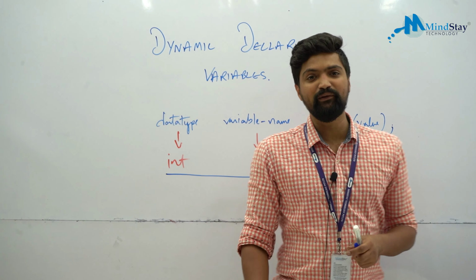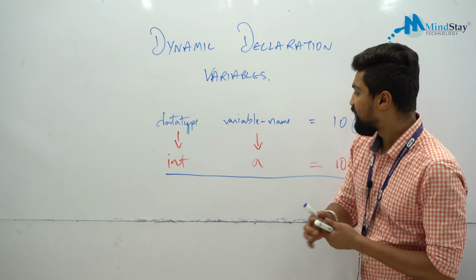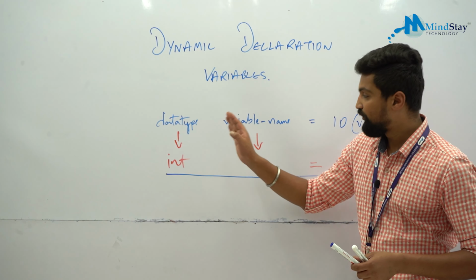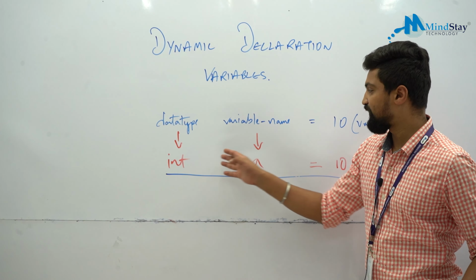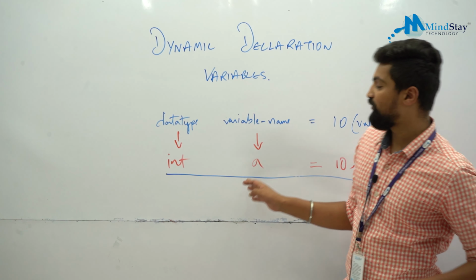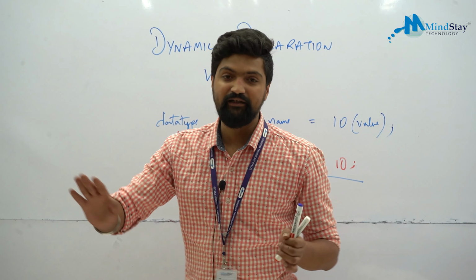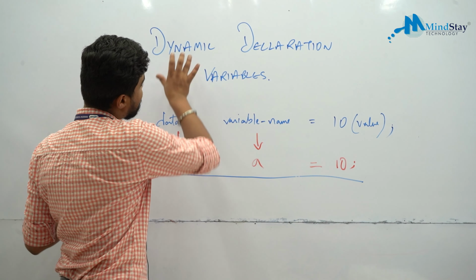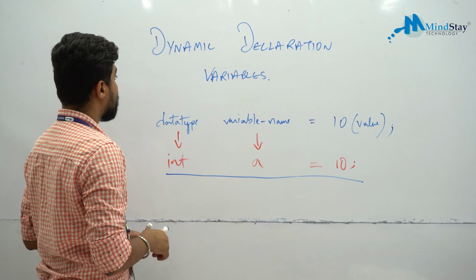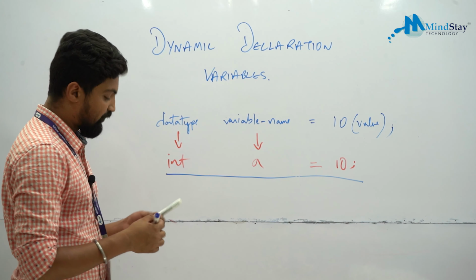Why is it called dynamic declaration? Because in a single line, you're declaring the variable with its data type, and after that you're storing the value in that particular variable in the declaration line itself. That's why we call it dynamic declaration of this particular variable.